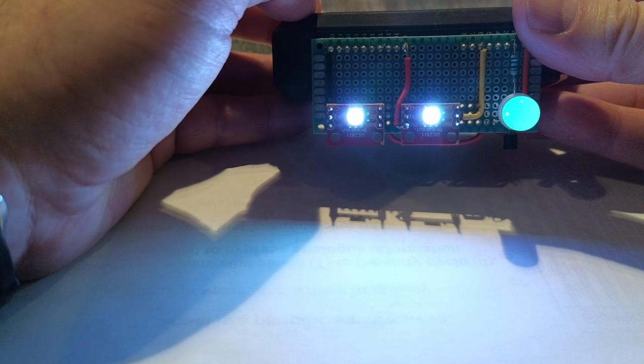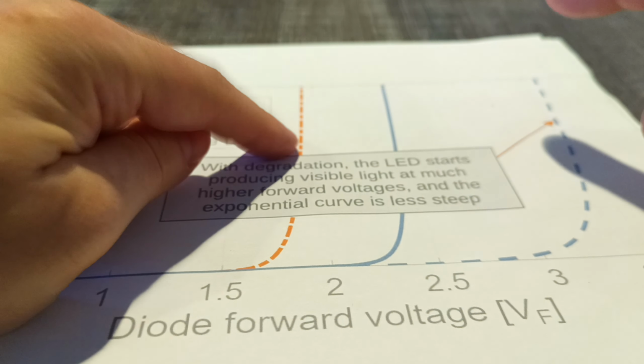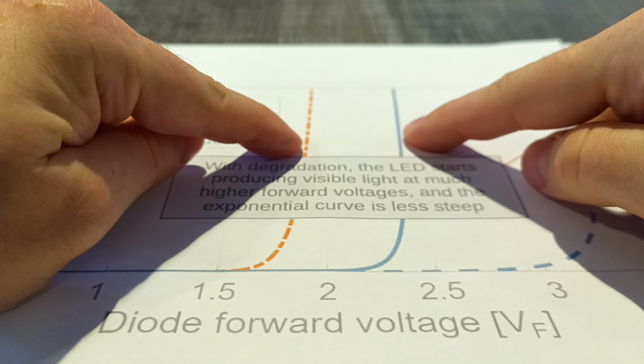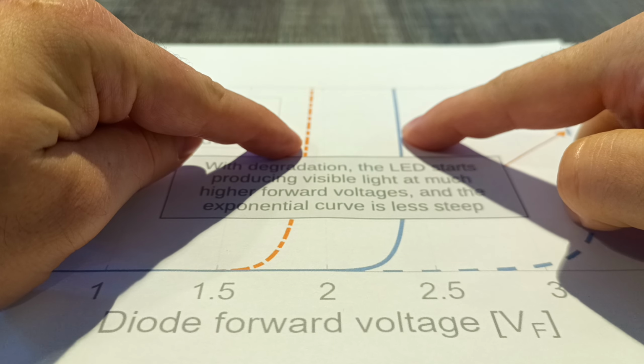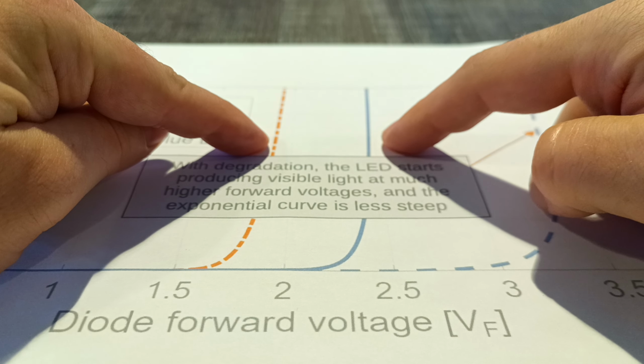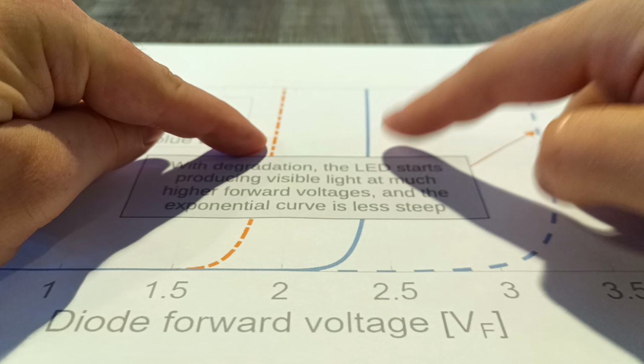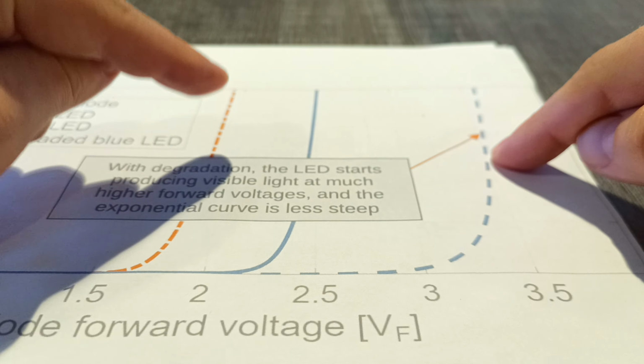So what is happening is that if you are just dimming an LED, and they are of different compositions, the characteristics of the red and the blue are going to be completely different. And not only that, but the characteristics of the blue LED tend to degrade faster than the red.